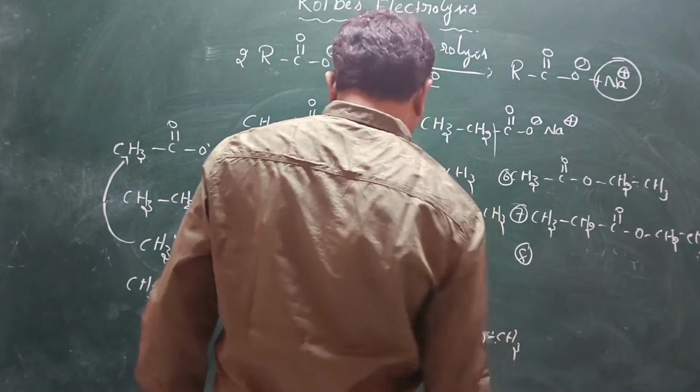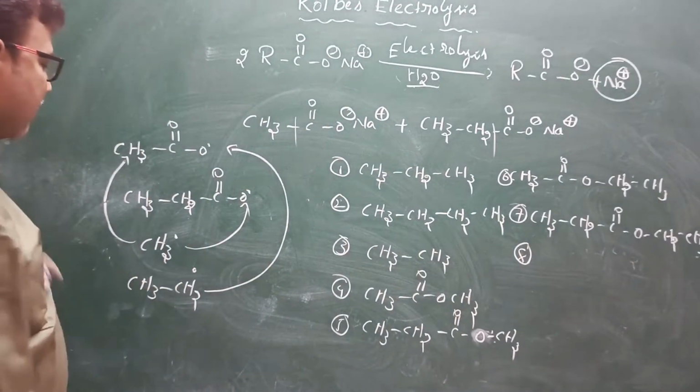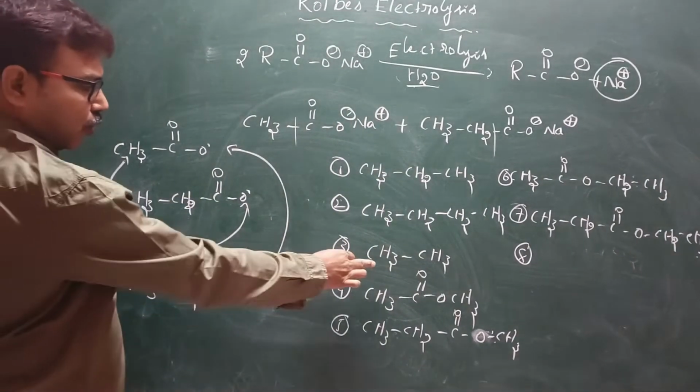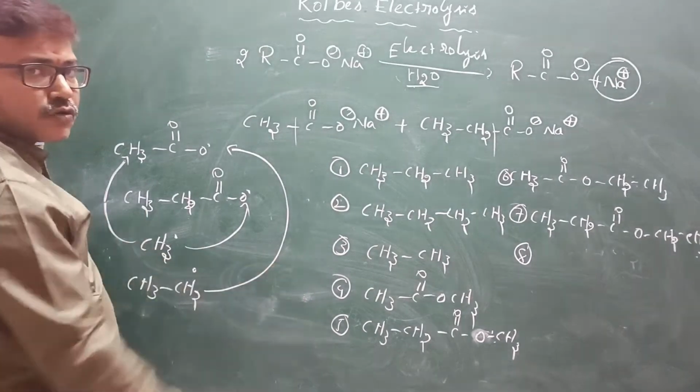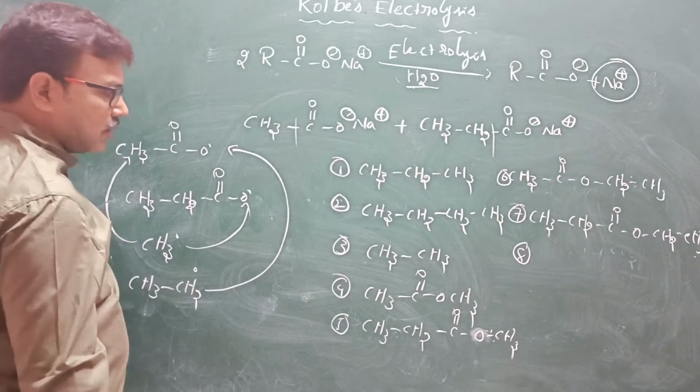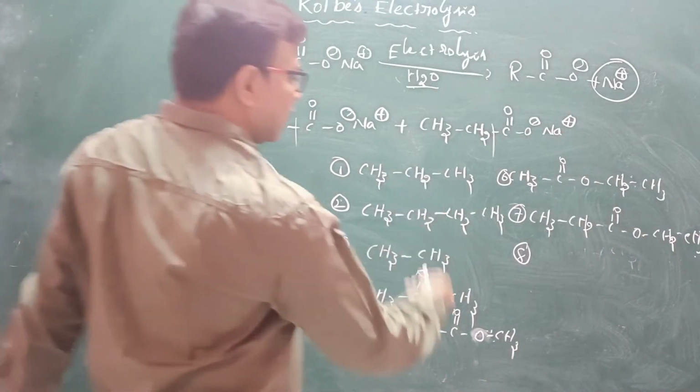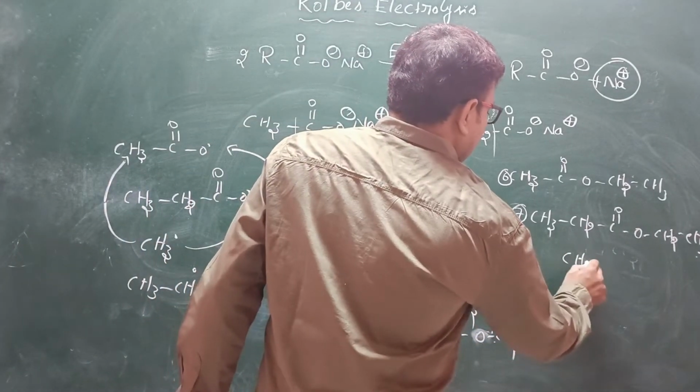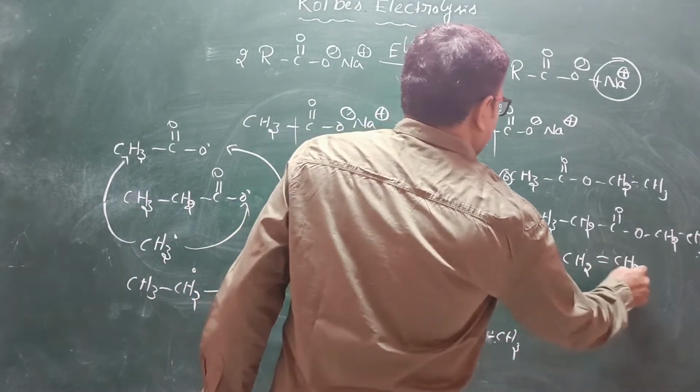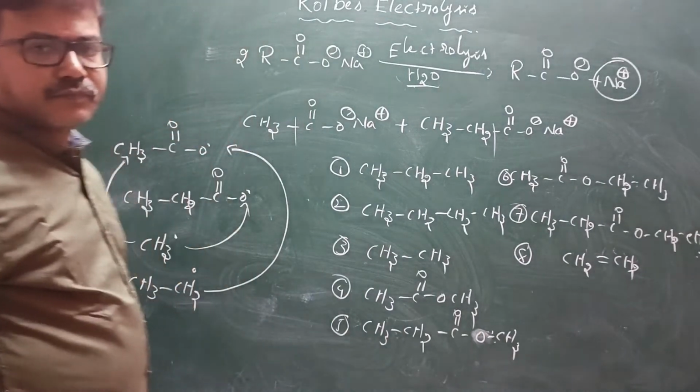Product number 8 involves an elimination reaction. The CH3CH2 free radical, the ethyl free radical, involves in elimination reaction. Already you know, CH2=CH2 ethene is possible.